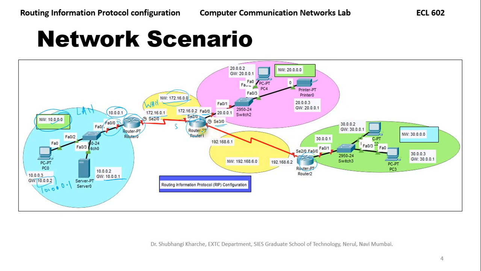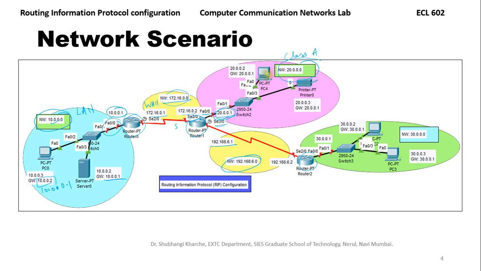Another serial interface of router 1 will be configured with IP address 192.168.6.1, which belongs to this class C network, and the fast Ethernet interface of router 1 will be configured with an IP address belonging to class A, that is 20.0.0.0. So here the interface will be configured with 20.0.0.1, and this will become the gateway IP address for these devices connected in this LAN.